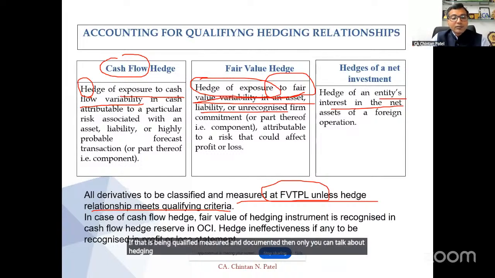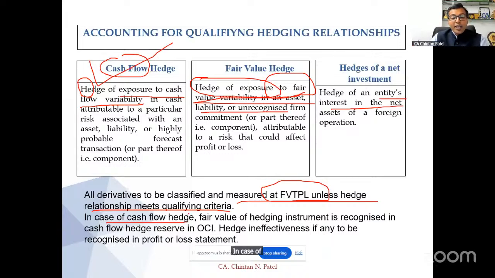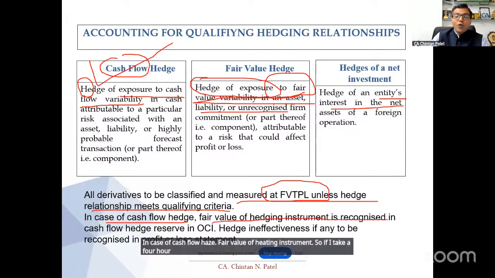In case of cash flow hedge, where the objective is to hedge exposure to cash flow variability, the fair value of the hedging instrument matters. So if I've taken a forward contract, the change in fair value of the forward contract is to be taken in cash flow hedge reserve in OCI.